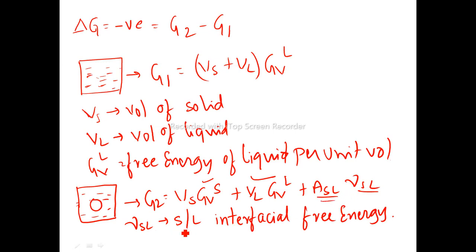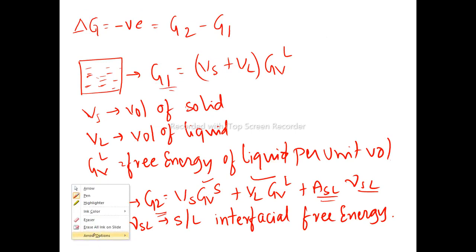This is the area of the interface, the surface area. This is G2 and this is G1. So the difference of these two will give rise to the delta G value.